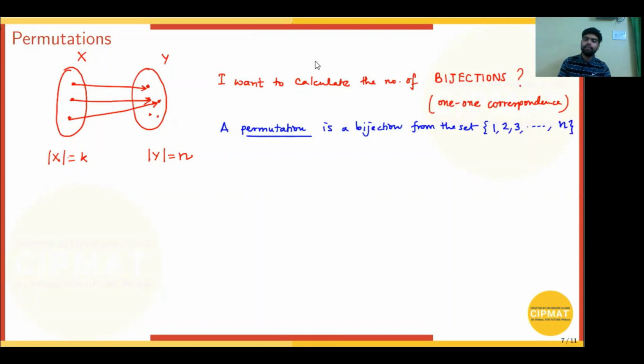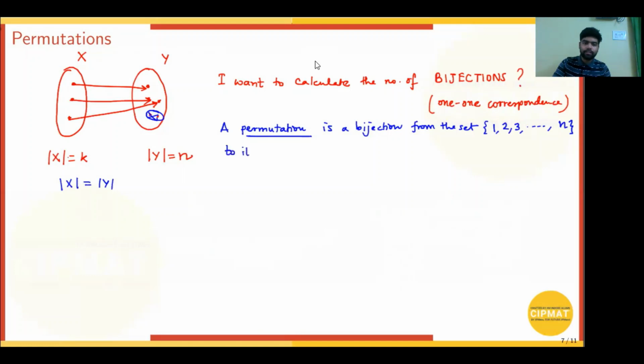If there is a one-to-one correspondence, then every element should be mapping to some element in Y. There can be no element in X which is left empty. Hence the number of elements in X should be equal to the number of elements in Y. Hence, a permutation is a bijection from the set 1, 2, 3, 4 till n to itself.